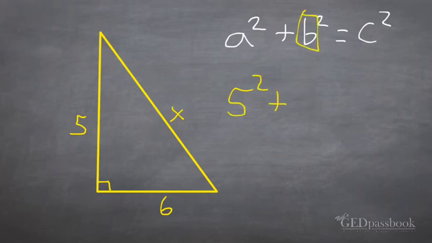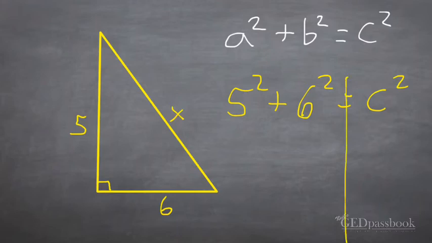Plus, what's my B? 6. 6 squared equals, and that is what we're looking for, my C. I am looking for the hypotenuse in this specific case. So just like last week with the slope of a line formula, once you've inputted your formula with the designated data, guess what we do? We solve. Using equations, using whatever the case, we just solve.